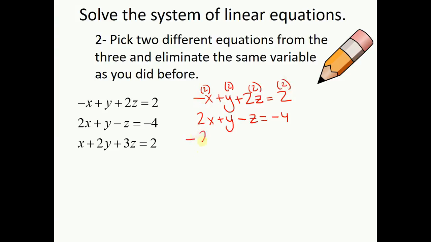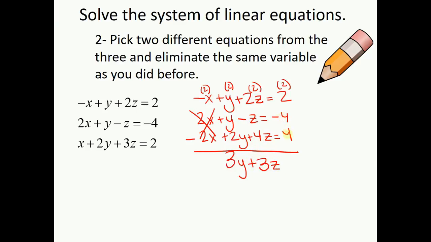So I'll get negative 2x plus 2y plus 4z equals 4. Okay, 2x minus 2x, gone. y plus 2y, that is a 3y. Negative z plus 4z, that is a positive 3z. And negative 4 plus 4 is 0. So now I have another equation with only two variables.